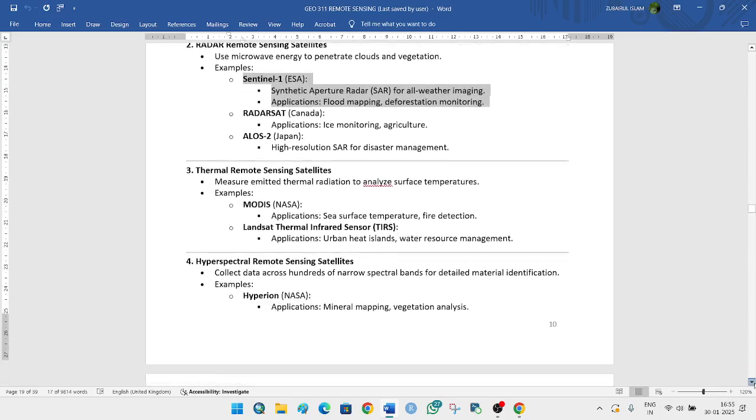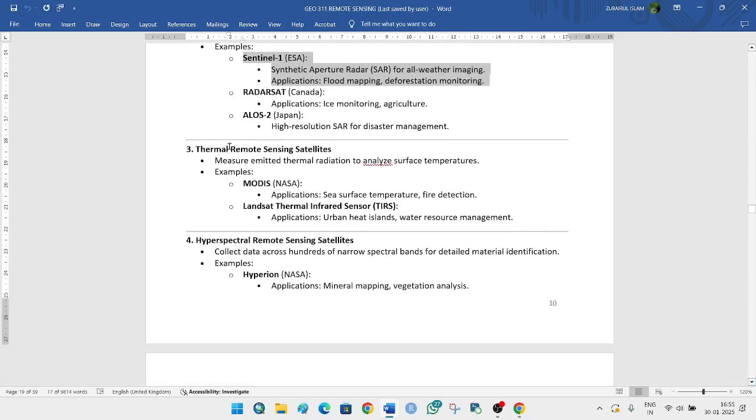And then we come to the thermal remote sensing satellite data. Here, this is MODIS. There is Landsat thermal infrared.